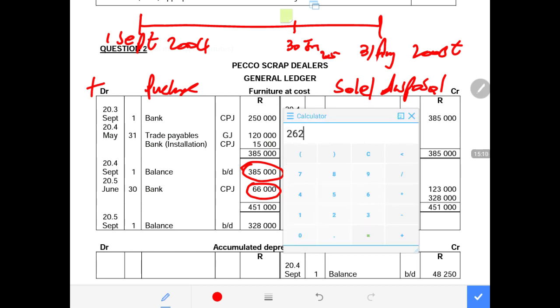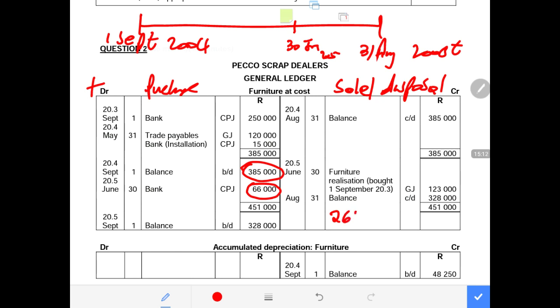The one that cost 262,000. This is the old furniture, the one that was in the business last year and also in the current year. Then we also need to calculate the depreciation for the sold furniture and the new furniture. So now we'll have to calculate depreciation for three categories of the furniture, if I may call it like that.